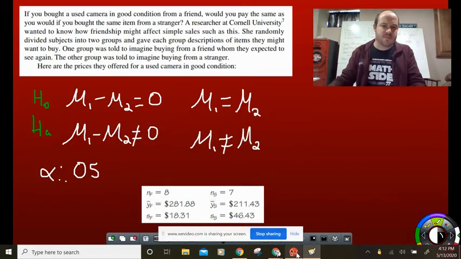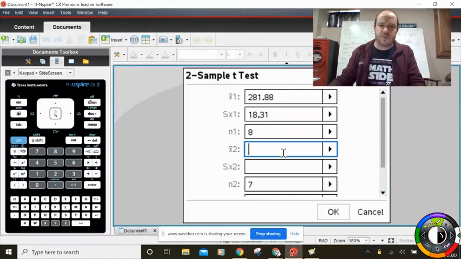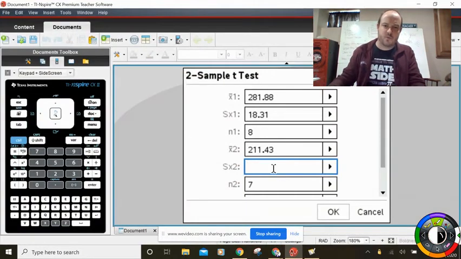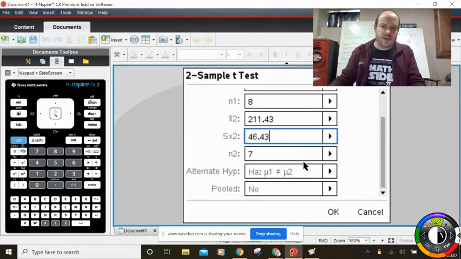It looks like then from there we got a mean of 211.43 and a standard deviation over there of 46.43. And as we scroll down, we can see here, we actually do want the not equal to. And again, I said we're going to leave the pooled as no.